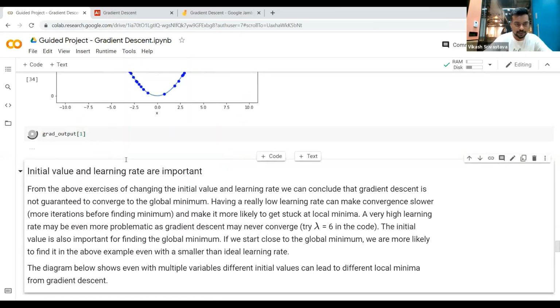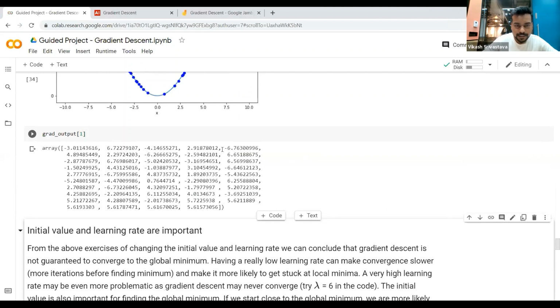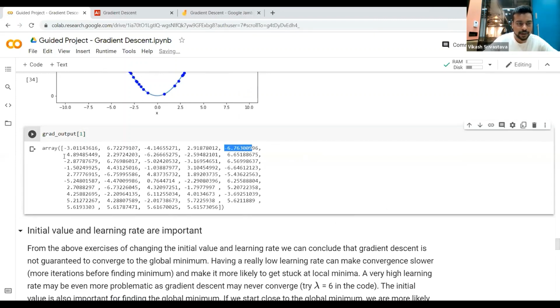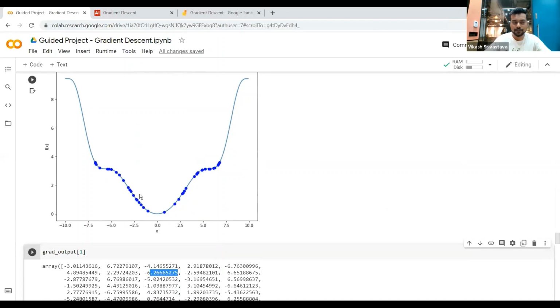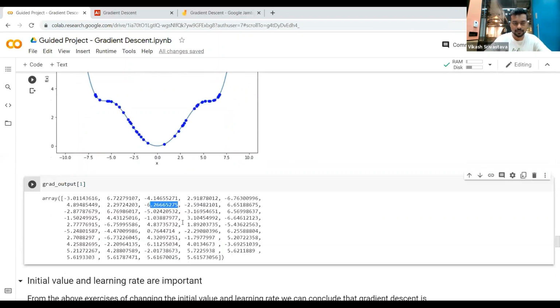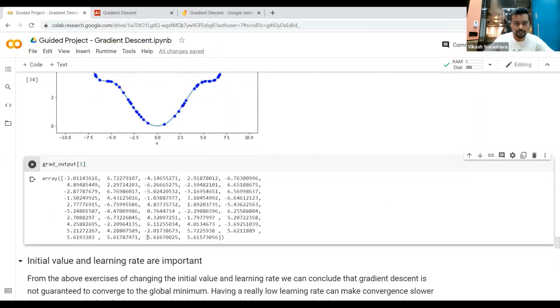As you can see, here we were at -6, then it crossed the minimum and went to the positive side, then it descended to 2.2, and then it rocked back to the negative side. So it just kept rocking back and forth till it descended. In fact, this is not the minimum, as you can see here, the update is very small.